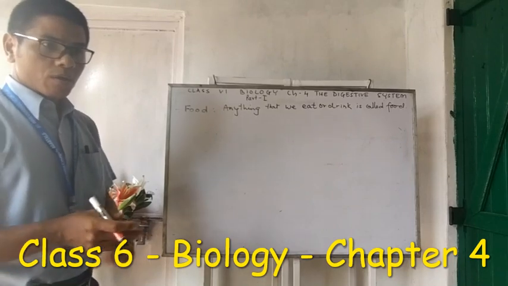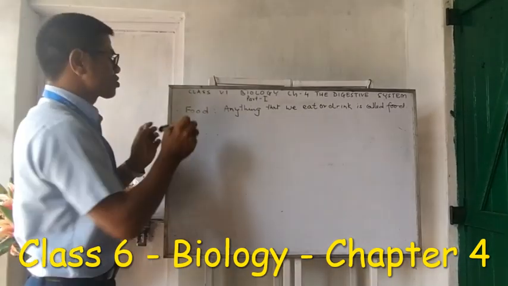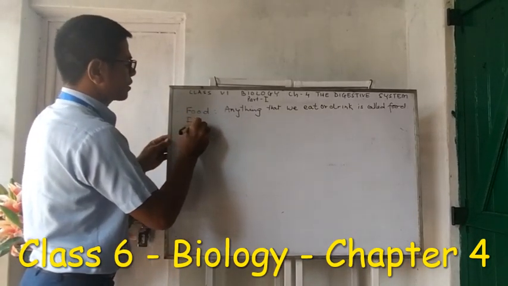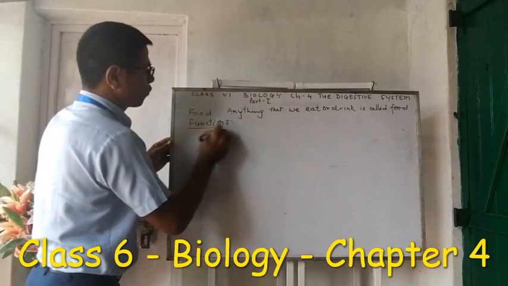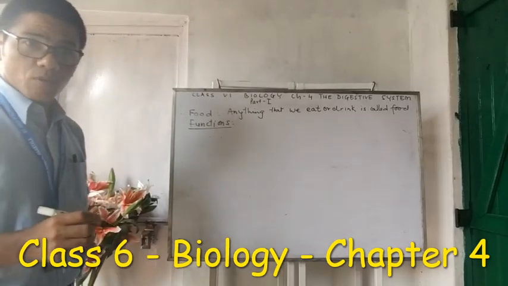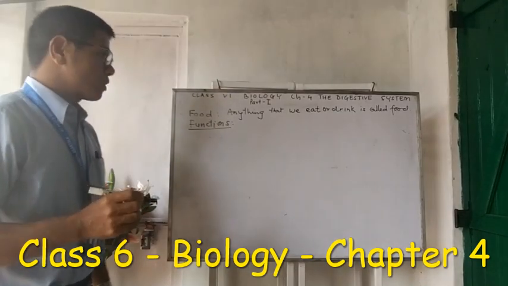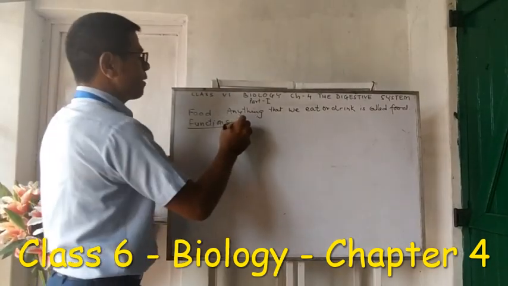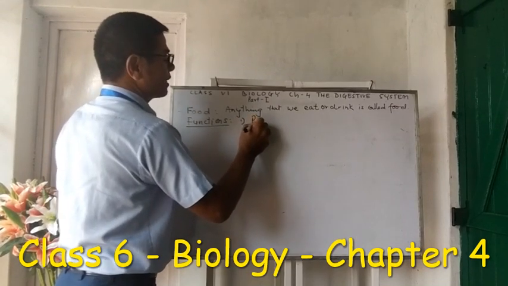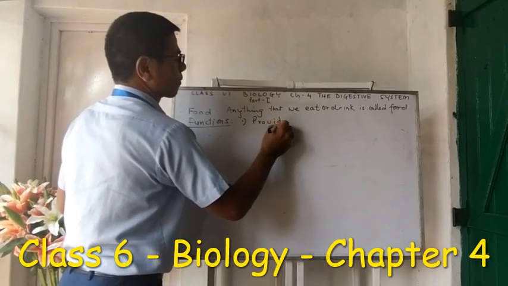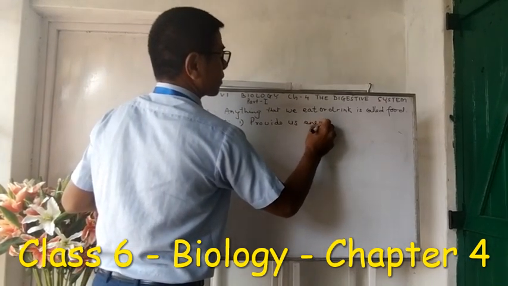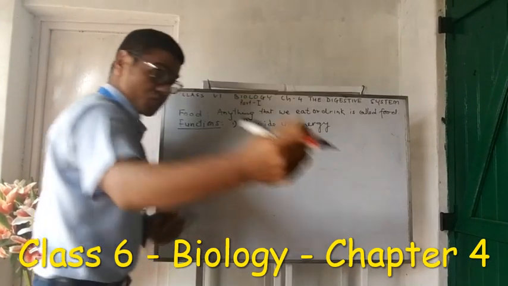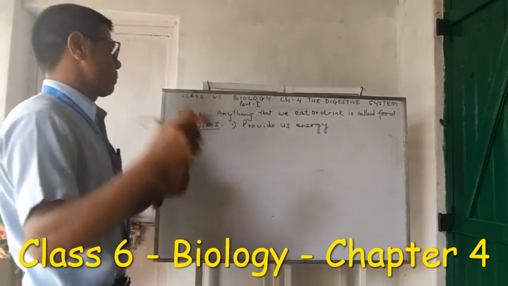Now, what is the function or functions of food? What does food do for us? Or what happens when we eat food? Number one, food provides us energy. That means the strength that we need.